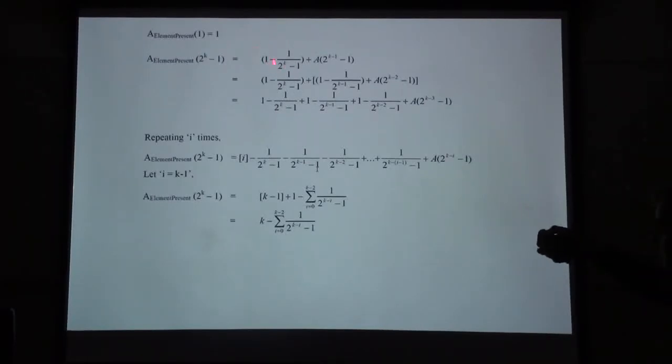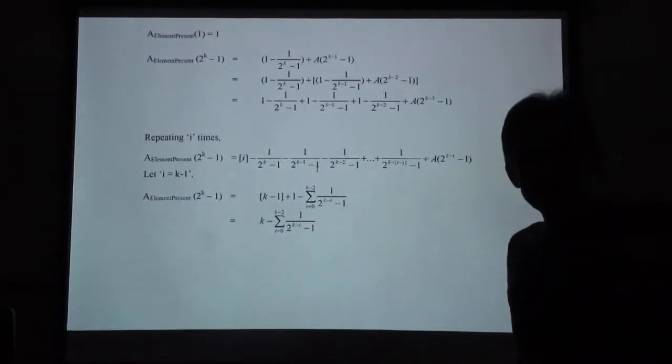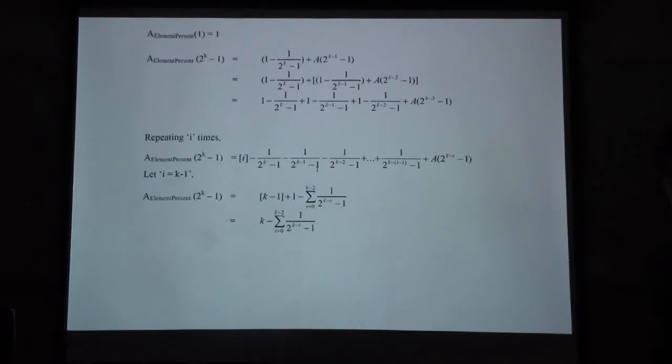Think of 10 as k. Then this is going to be 1 minus 1 over 1,023, which is 1,022 out of 1,023, so this is almost 1.0. By the time we get down to 3 elements, that comparison is only going to count as 2/3 of a comparison. And by the time we get to 1, that comparison will count as 1 comparison.